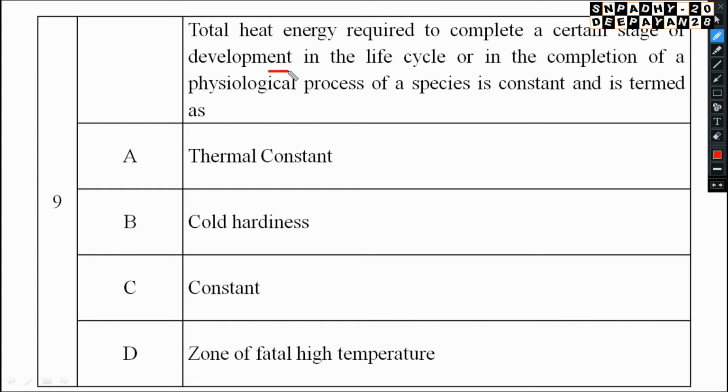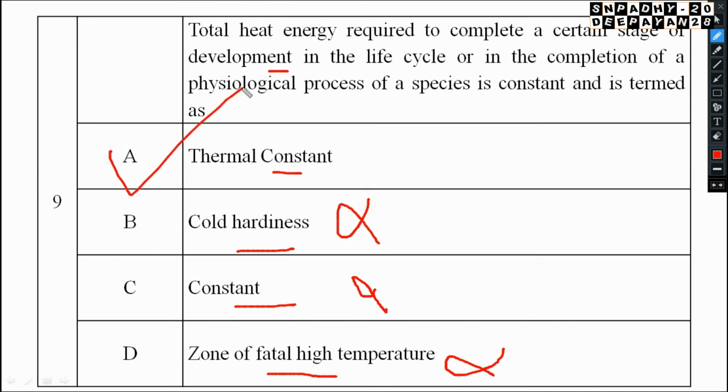Options are thermal constant, cold hardiness, constant, zone of fatal high temperature. Cold hardiness we have recently discussed, so the answer is thermal constant: the constant temperature required to complete a specific process, whether a stage or a process. That is the thermal constant.